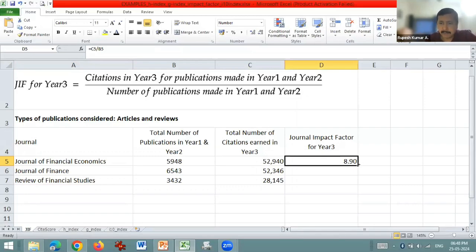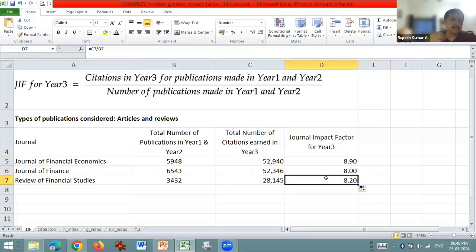So let's calculate the same for the other 2 journals. Have a look. So this is Journal of Finance, Journal Impact Factor, and this is the Review of Financial Studies. If you are a researcher in the field of finance and economics, and you are given an option of these 3 journals, which journal would you pick for submitting your article for publication? It would be the first one.